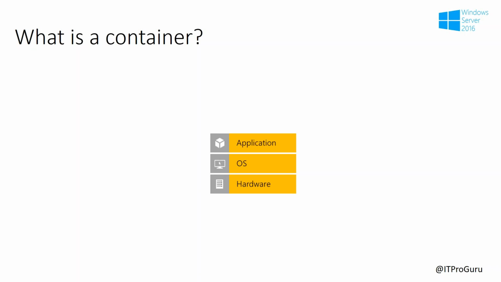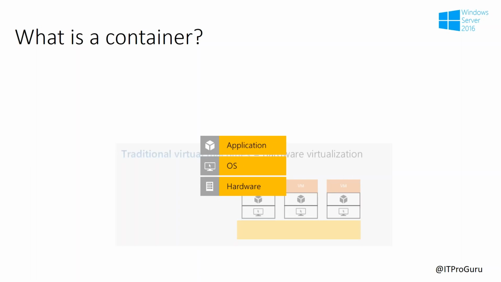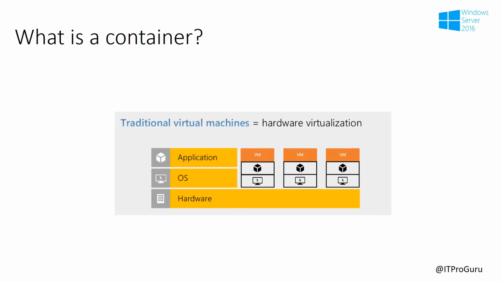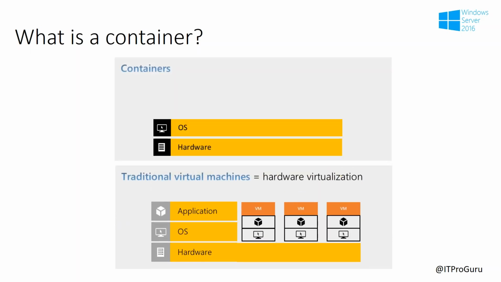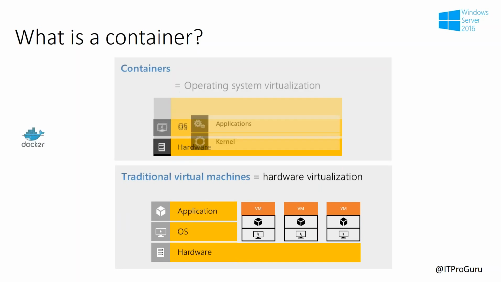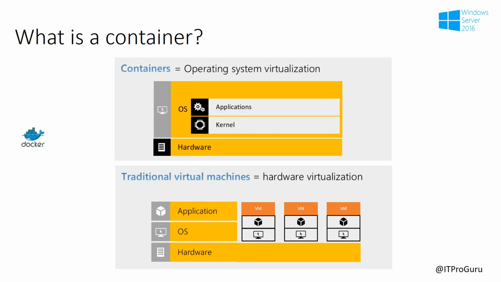So what is a container? Anytime you're doing compute, you have hardware, operating system, and application. In a traditional virtual machine environment, you're really looking at hardware virtualization. That is, all the applications and all the operating systems are not shared, right? So what you're virtualizing is the hardware. That's the shared component. And as we move further into containers, you still have hardware, you still have OS, but the OS is actually shared.